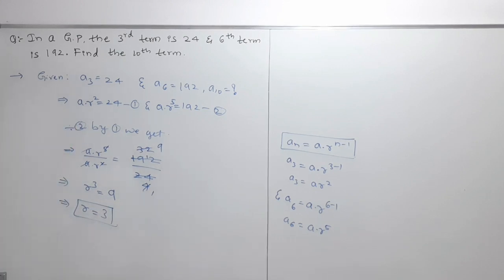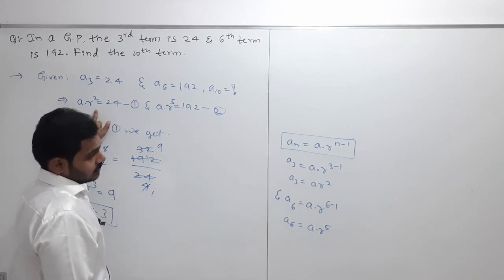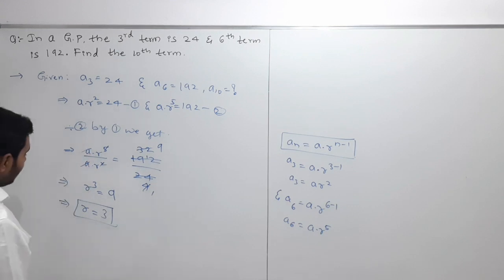Am I clear? So r cube gives us a into r square and a into r to the power 5, where the powers come from 3 minus 1 is 2 and 6 minus 1 is 5.